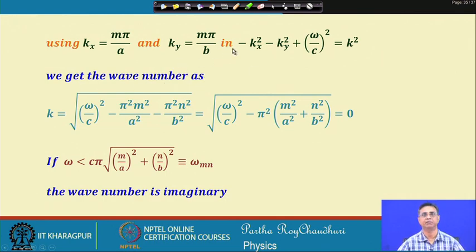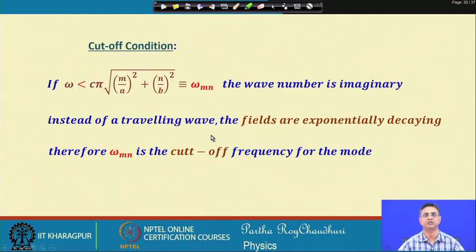We get the wave number in this case as the square root of omega square minus k x square minus k y square, which is the wave number k. Therefore, this condition will give you that omega must be less than this quantity. This is omega m n, because in that case the wave number is imaginary. So, that is what is going to decide the cutoff frequency.